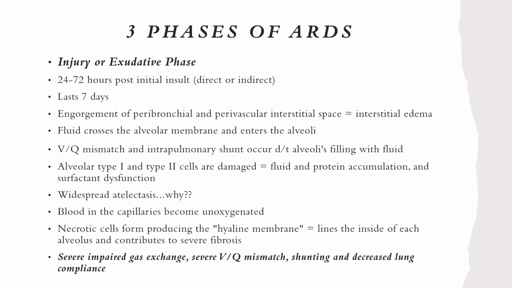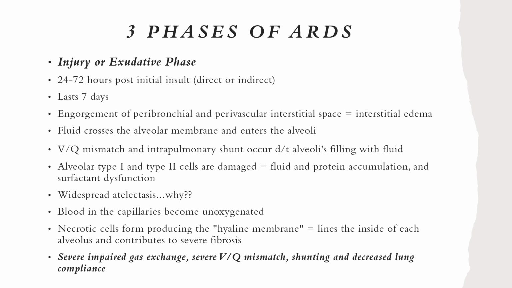So what happens is we have huge engorgement and inflammation in our interstitial space, leading to interstitial edema. So we're filling up with fluid, and of course that fluid's going to cross over that alveolar membrane, right? And if we have fluid crossing over into our alveolar membranes, that means the alveoli are going to be weighted down with fluid as well, okay? So these alveoli are either going to collapse or be weighted down with fluid, one or the other.